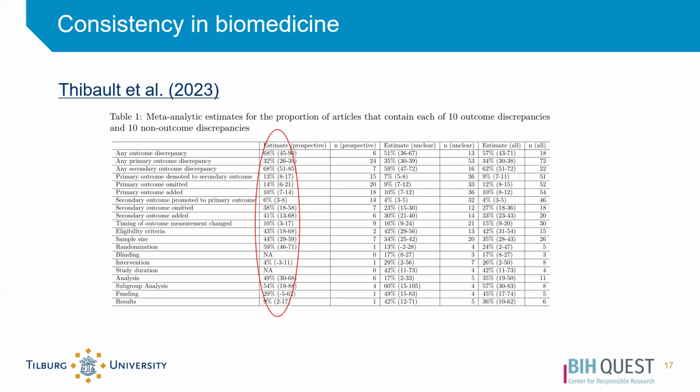And circled, you see the percentage of times that these things were inconsistent when they compared registrations and papers. You can see on the whole that the numbers are pretty high. For example, for analysis, almost 50% of the analyses they checked the registration of were not aligned with what they actually did or described in the paper. So there's a lot of inconsistencies in biomedicine when it comes to registration.